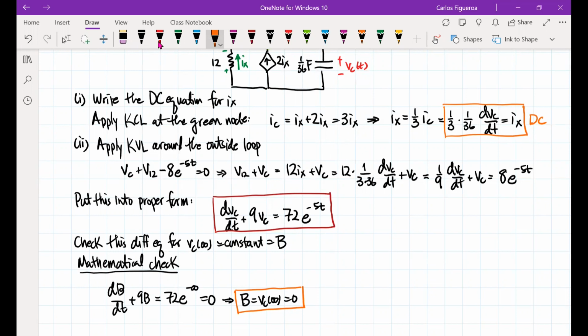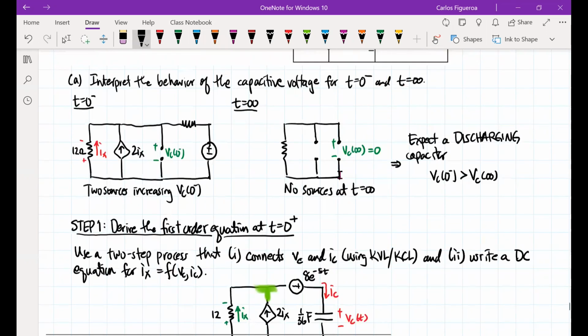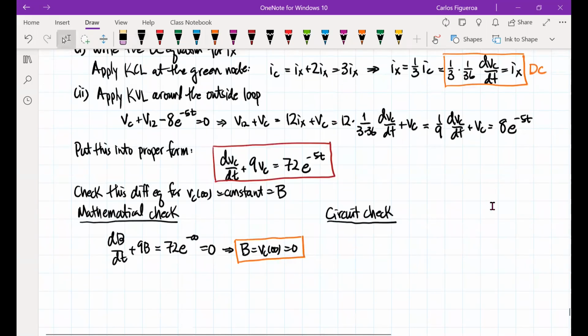But what does the circuit check tell us here? Now if I look at the circuit check, we saw that this was the circuit over here. We have it right here, right? And when we look at the circuit, we see that this guy has no source in it. So when I look at the circuit, it really looks like this here.